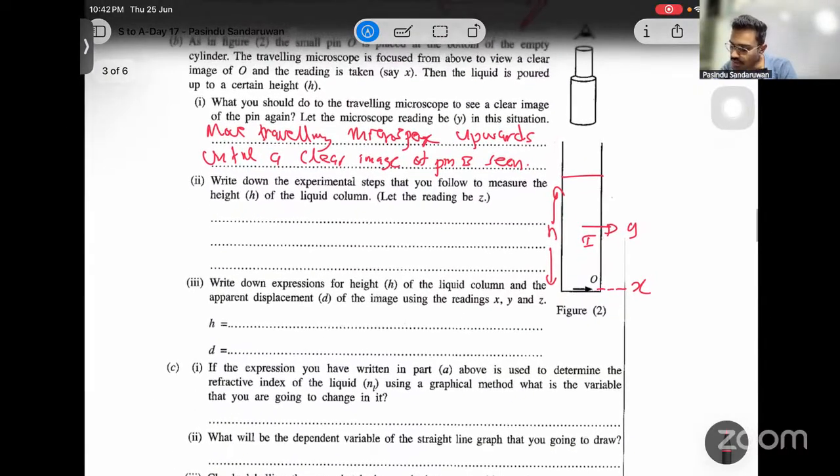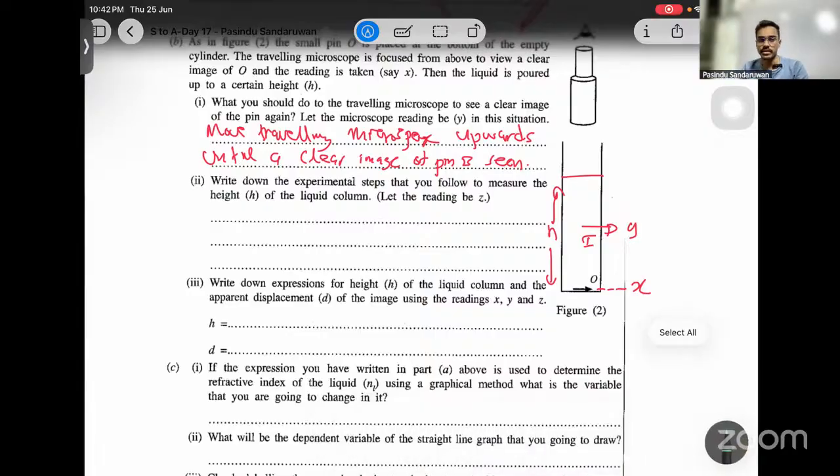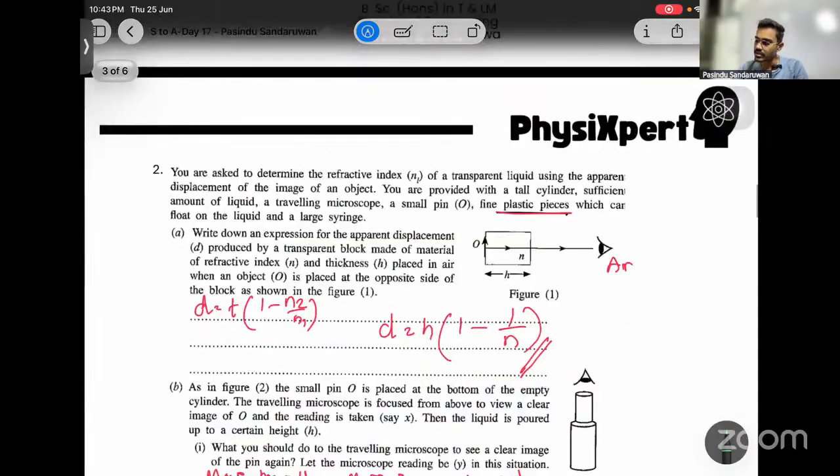Then part 2. Write down the experimental steps that you follow to measure the height H of the liquid column. Let the reading be Z. For that, what are we using usually? In the practical seminar about the experiment, I mentioned a specific name for this powder, that is called lycopodium powder. We discussed it. Now here in this case, instead of lycopodium powder, plastic pieces are given. That's why this is important. Fine means small.